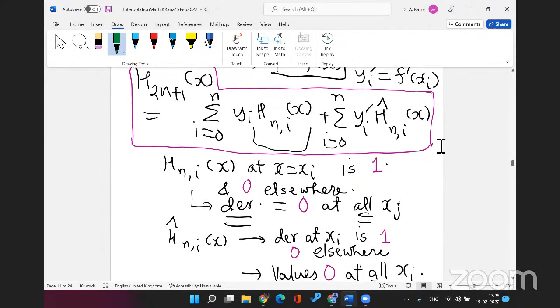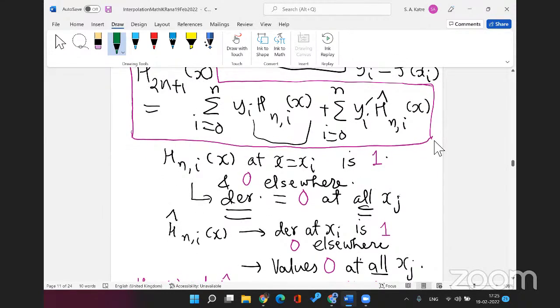What are the requirements of Hermite here? H_{n,i}(x) at x equal to xi is 1 and 0 elsewhere. That is for the values of the polynomial. And the derivatives are 0 at all xj, including i. That is the requirement for H_{n,i}.